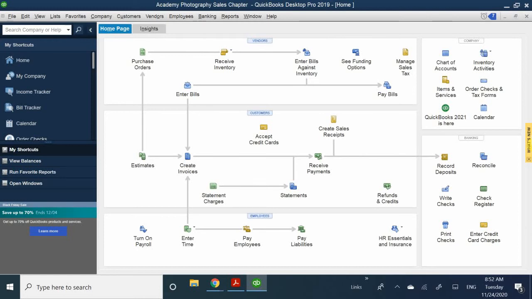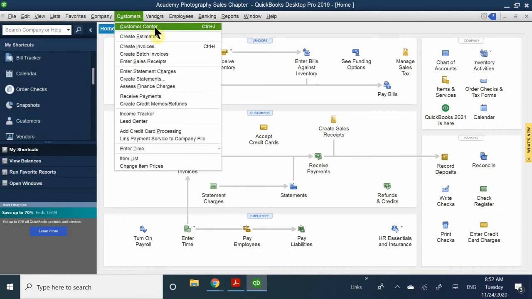Pretty straightforward, same thing, just like vendors. You have the home page right here, okay? You have the customers on the icon bar. And of course, if you go all the way up to the top and click customers, customer center is going to be the first one.